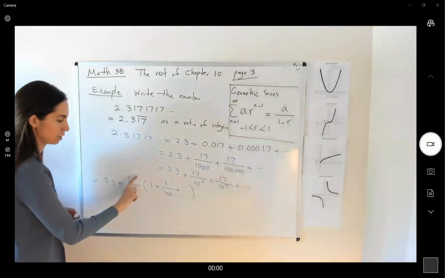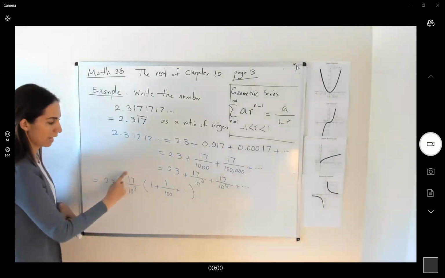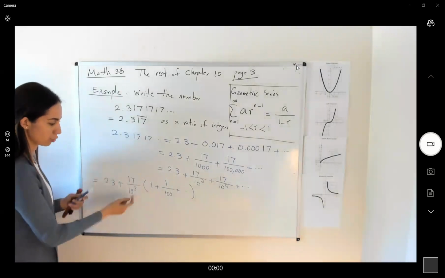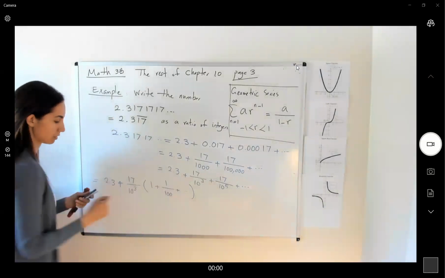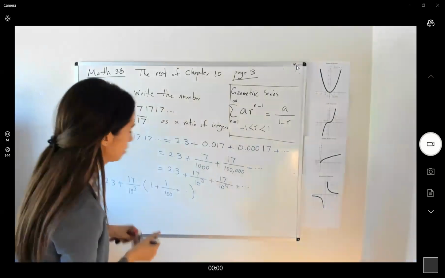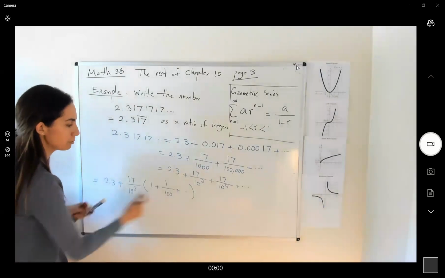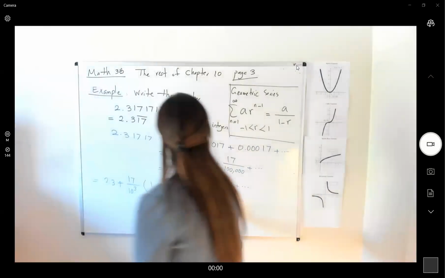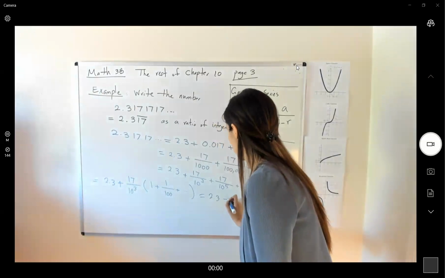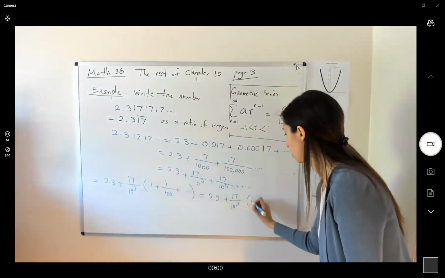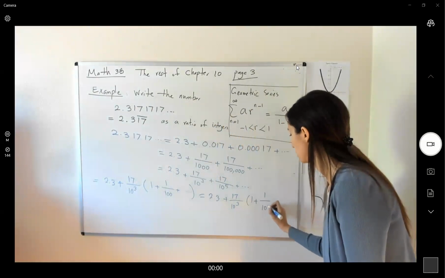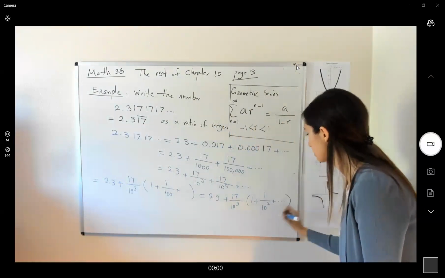So I have 17 over 10 to the third, and I have a decimal number in front of the rest of these: 1 plus 1 over 10 squared plus the rest.